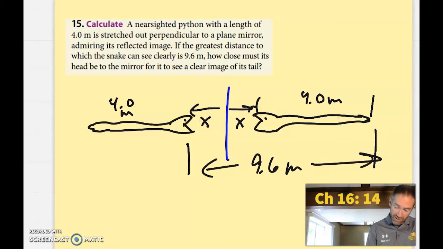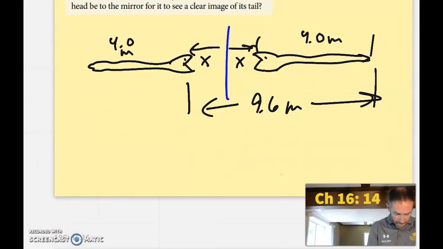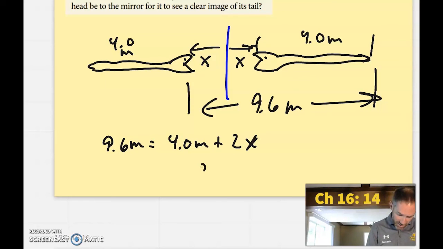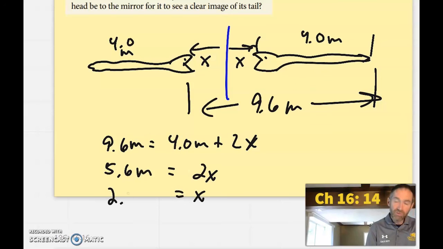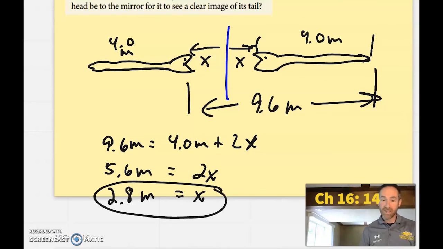Well, 2 of the X's plus 4 meters have to be 9.6. So I could say 9.6 meters equals 4 meters plus 2 of the X's. And so that means 2 of the X's is 5.6 meters. And so X itself is going to be 2.8 meters away. And that thing will be able to see its tail.